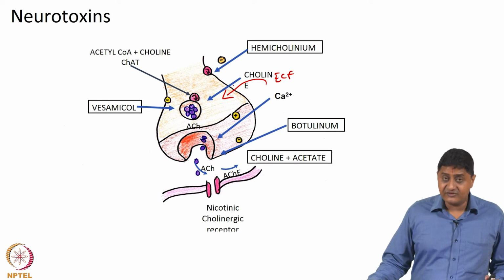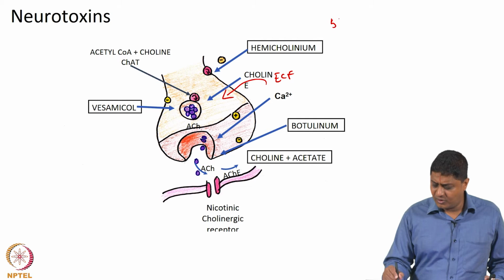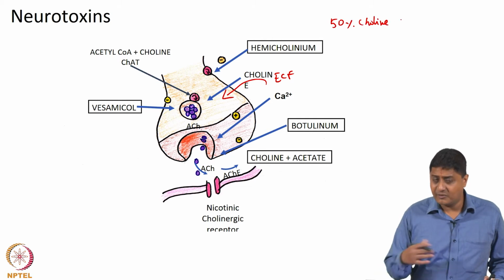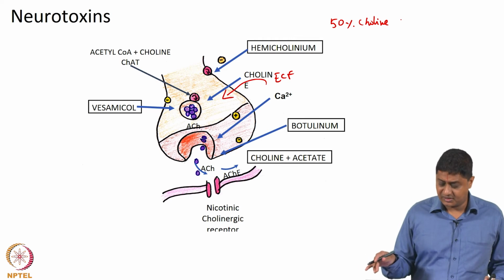If the choline reuptake system is somehow compromised, then you will have no more choline entering the system. Let us remember only about 50% of the choline is reuptaken and the other 50% is not.